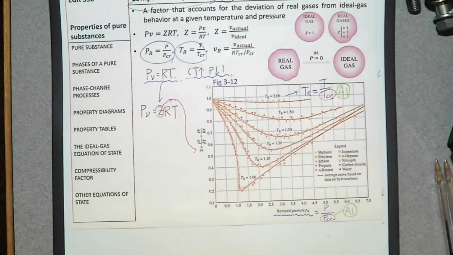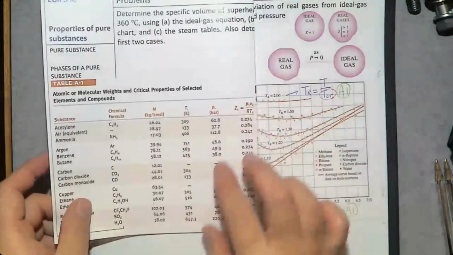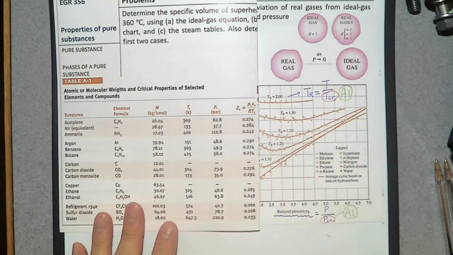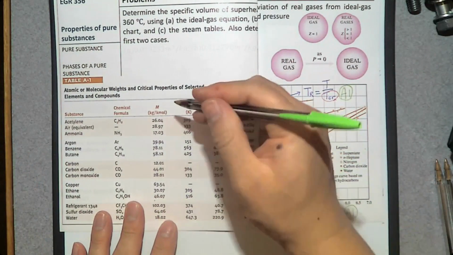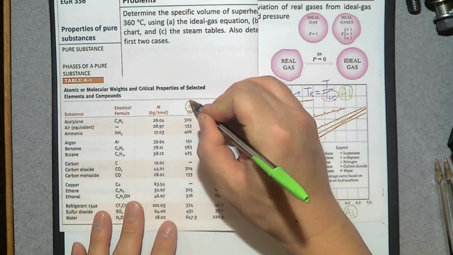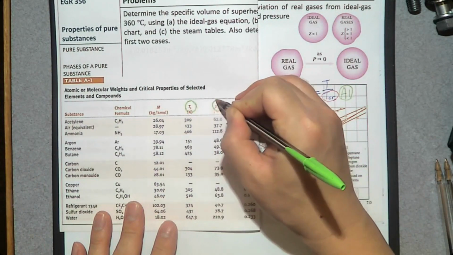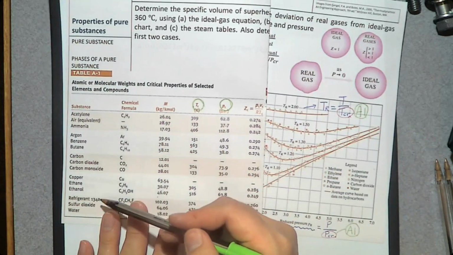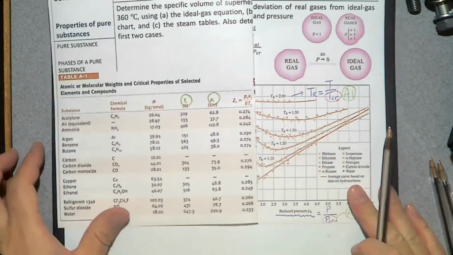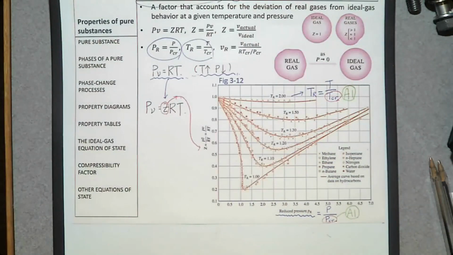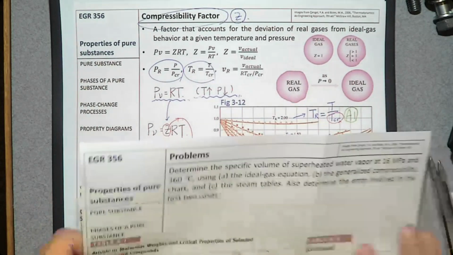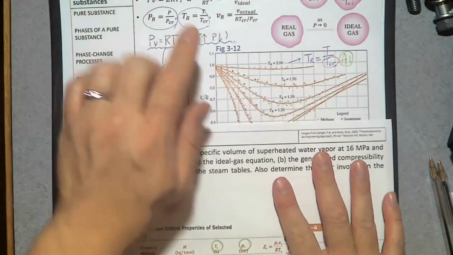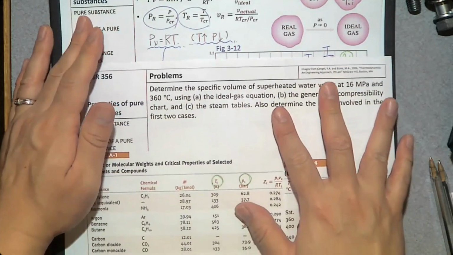If we go to table A1, this one is critical temperature and critical pressure. So you can find these values for different gases, okay? So that's everything about how to use this compressibility factor. So let's solve this problem together to learn how to use this compressibility chart.